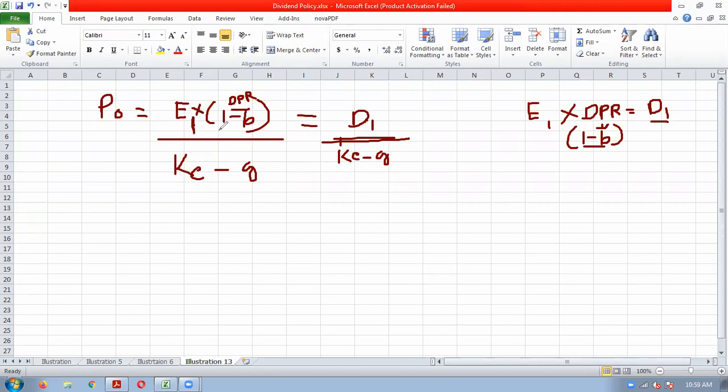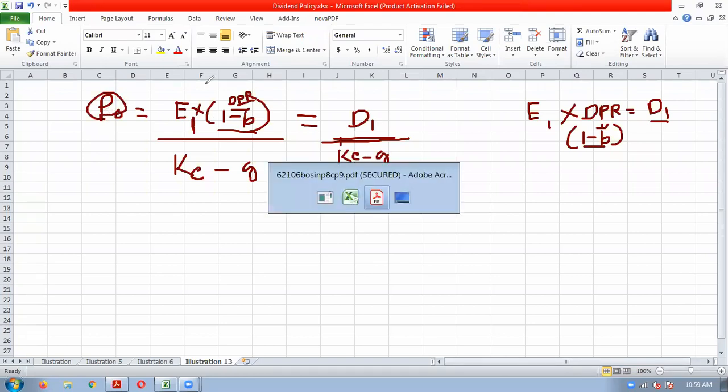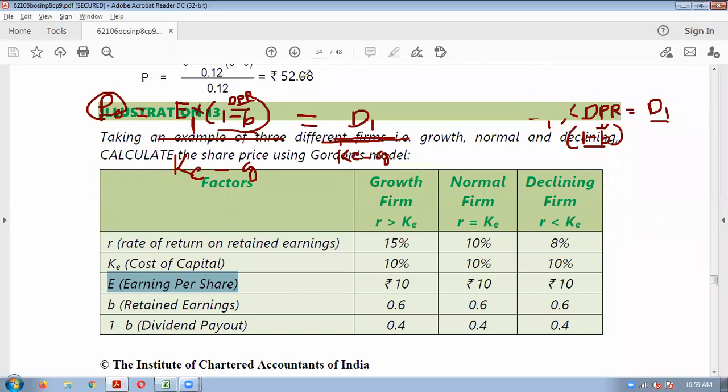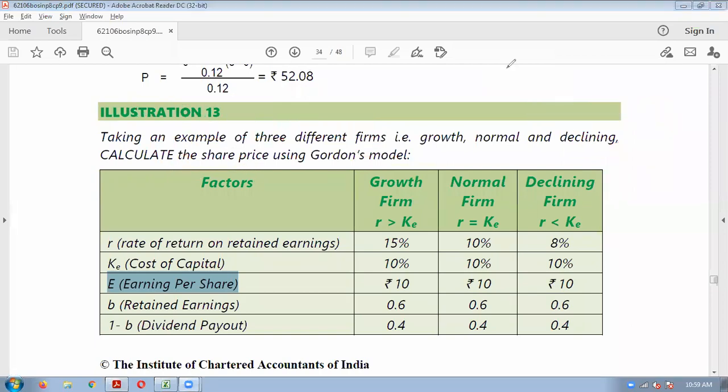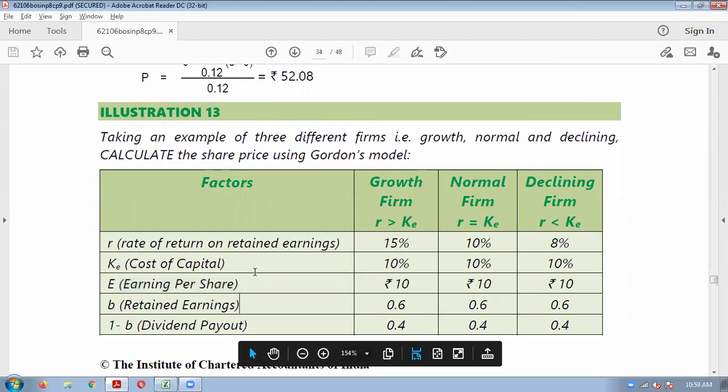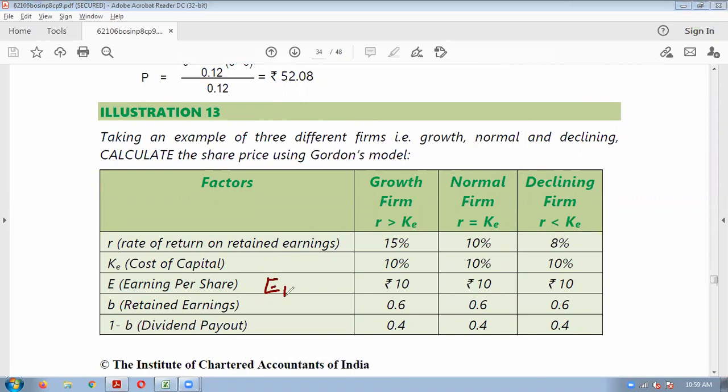Earnings multiplied by 1 minus b, which is nothing but dividend payout ratio, gives D1, divided by Ke minus g, which gives today's market price. It all depends upon the assumptions which you are making. If we assume this is E1, the latest earnings, then we can directly apply this and find out the market price.